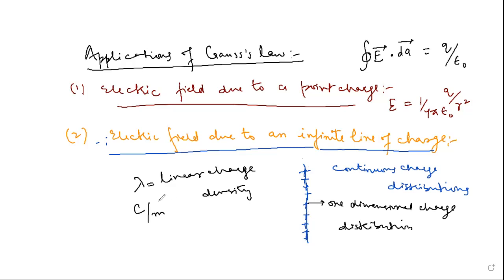Likewise, charge can be distributed in two dimensions. For example, I can have some surface containing charge, so positive or negative. Then if surface contains charge, this is two-dimensional charge distribution.